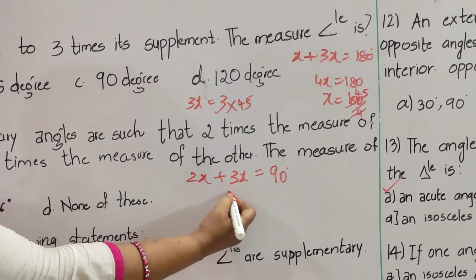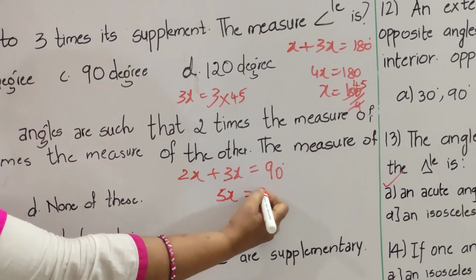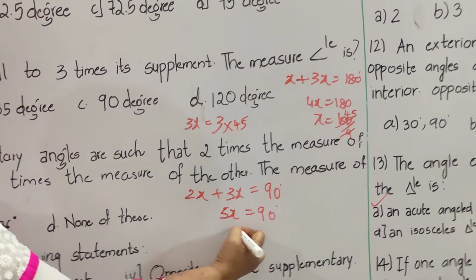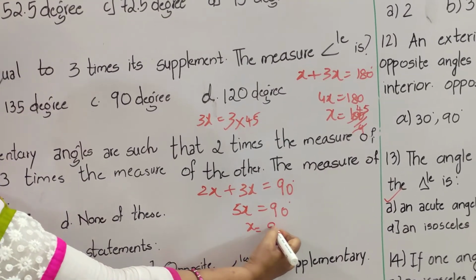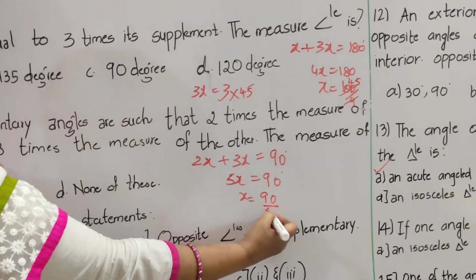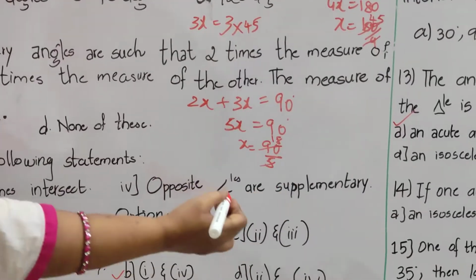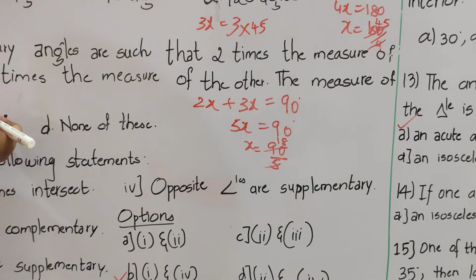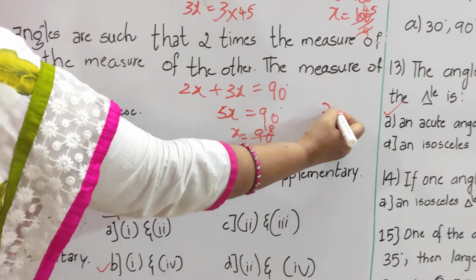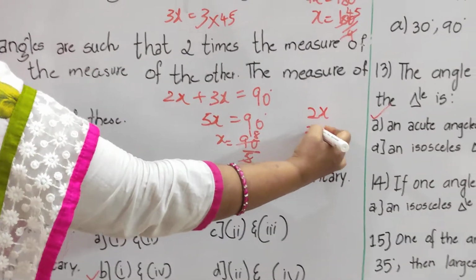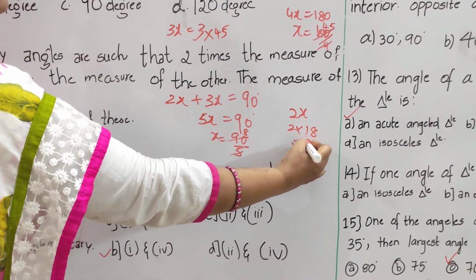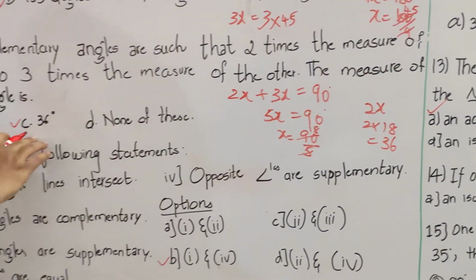That means 5x is equal to 90 degree. So x is equal to 90 by 5, that is 18. So what is the smaller angle? 2x means 2 into 18, which is 36. Therefore 36 is the answer.